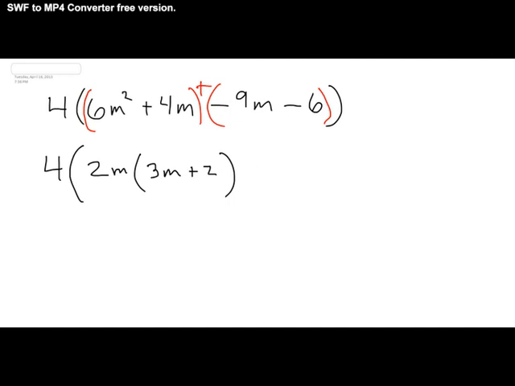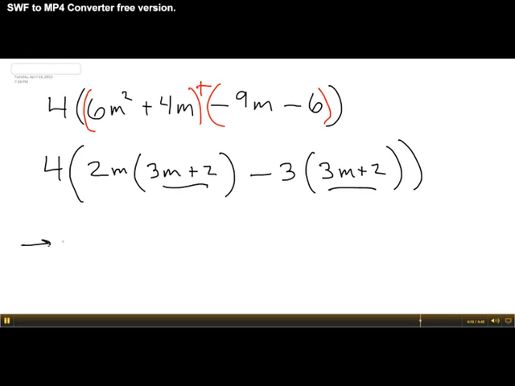We have to factor out a negative because these are both positive. So I can factor out a negative, but more than that, I can factor out a negative 3. So negative 3 comes out. So left inside, I have 3m plus 2. Closing up our brackets. So we know that we're on the right track because these two binomials are exactly the same.